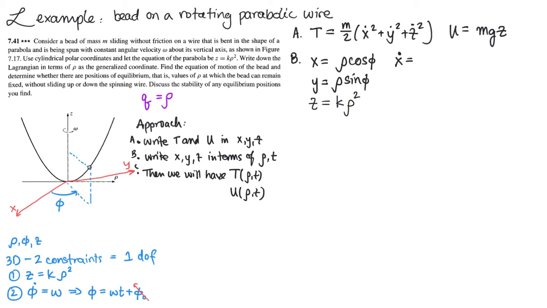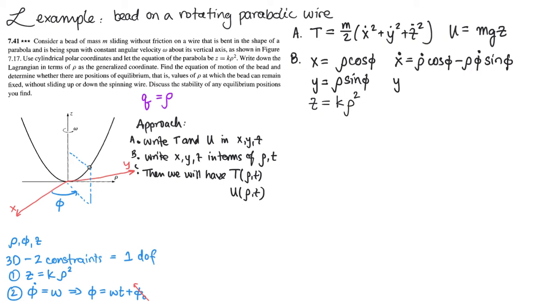X dot is going to involve a rho dot and then a derivative of the cosine. So we're going to have a rho dot times cosine phi minus rho phi dot sine of phi. Right, so the derivative of cosine phi is sine phi, chain rule that, derivative of phi with respect to time is phi dot.